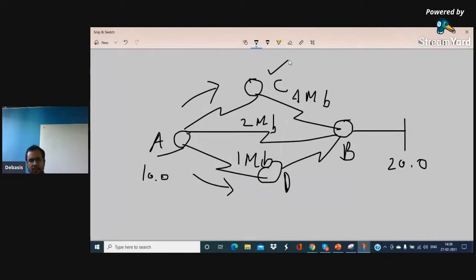In case of EIGRP, it will take the least bandwidth link, 1 Mbps. These are the different criteria that dynamic routing protocols use to send packets. This processing happens inside the router process, and for that, the processor overhead is much more in case of dynamic routing.